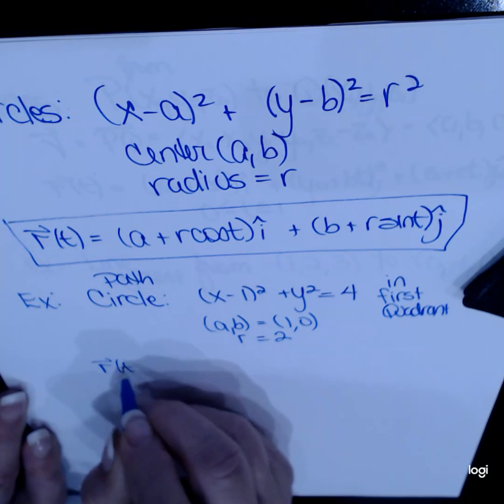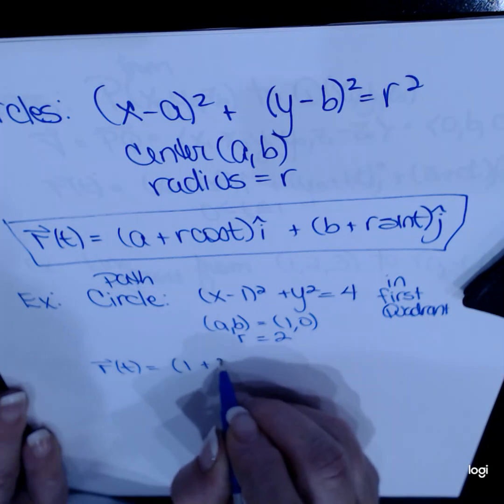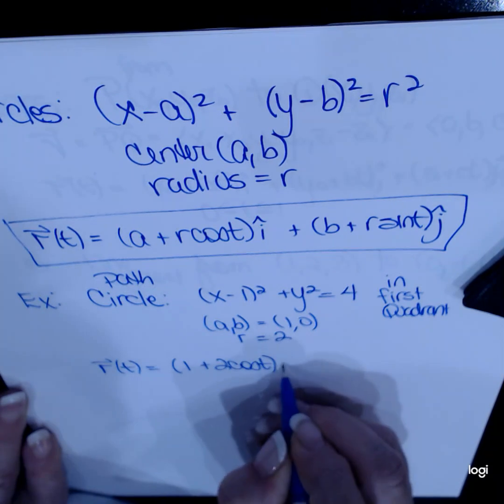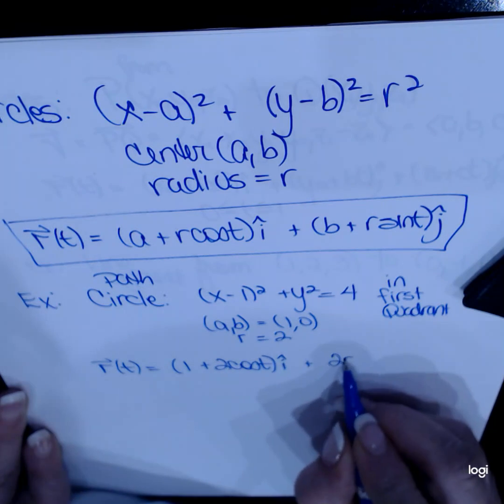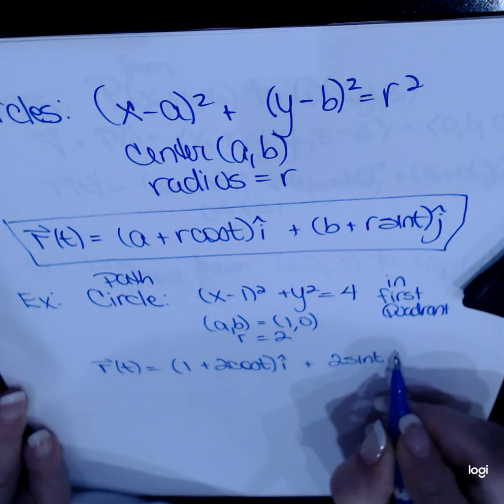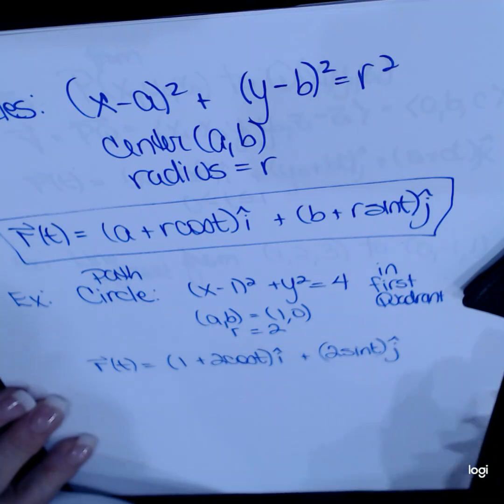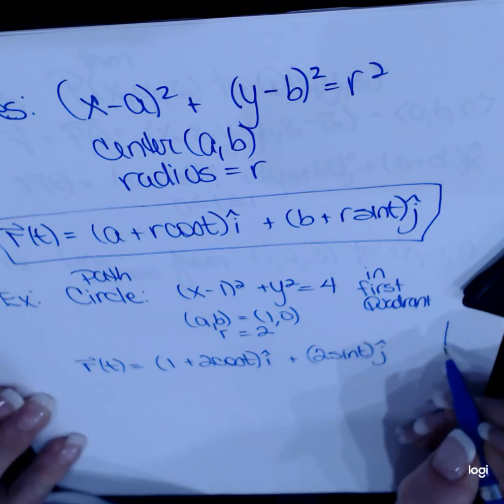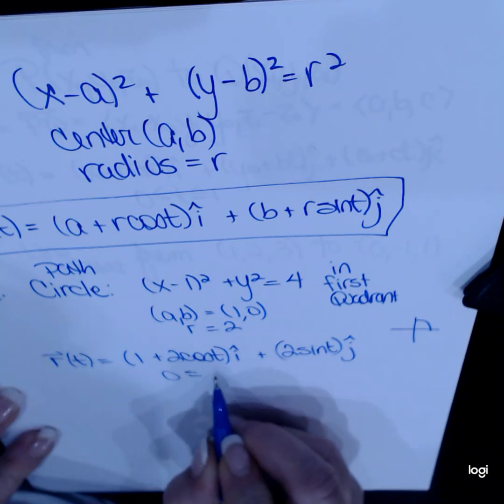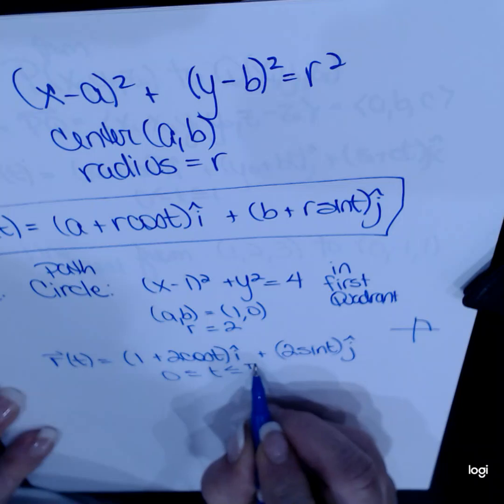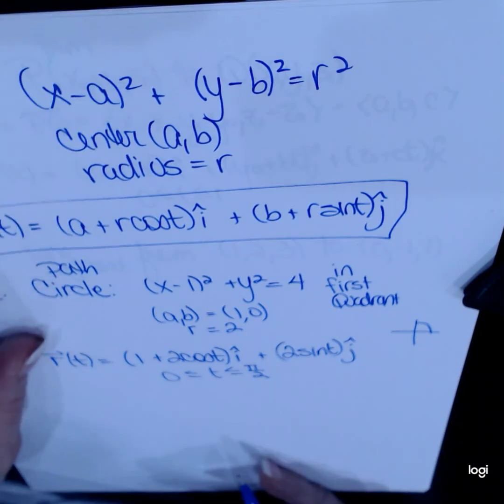So the r of t would be equal to a, which is 1, plus 2 cosine of t times the unit vector i, plus b, which is 0, plus 2 sine of t times the unit vector j. And then the bounds on t are going to strictly depend on what portion of that circle we're dealing with. We are dealing with just the portion in the first quadrant. So here t is going to sit between 0 and pi over 2. Very simple way to parameterize circles.